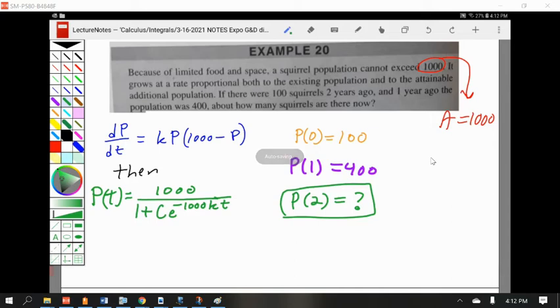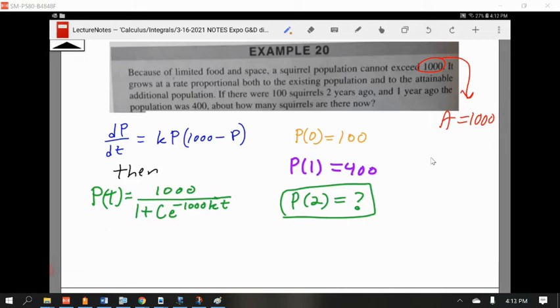Which one are we going to find first? Well, they're usually going to give you the amount at time 0. Start with that point. I'm going to use orange. Plug in 0 for t. If I plug in 0, what do I get?